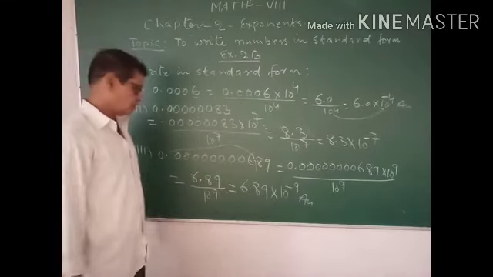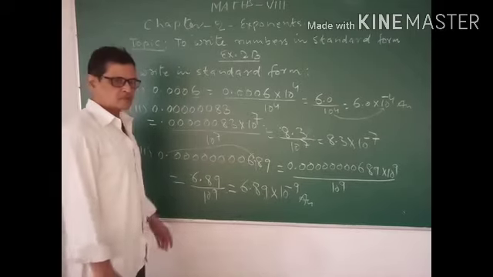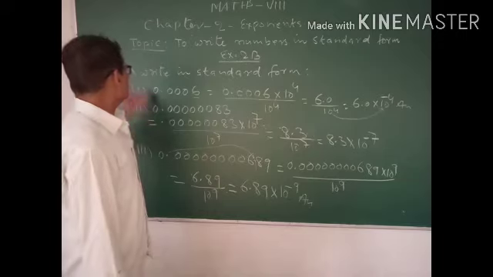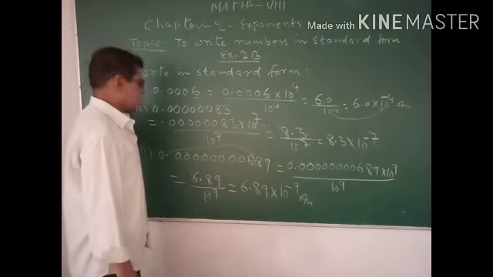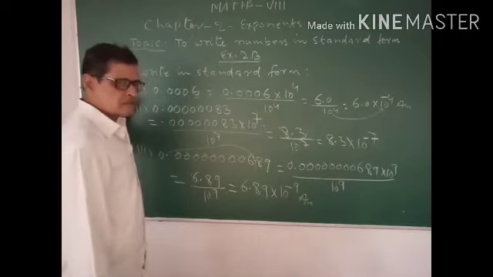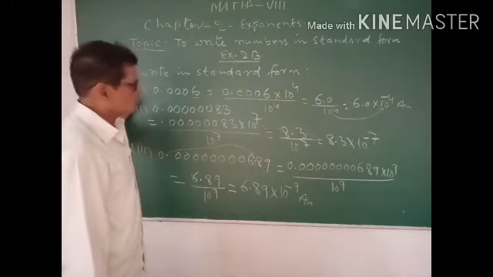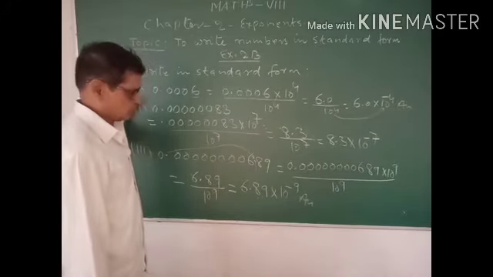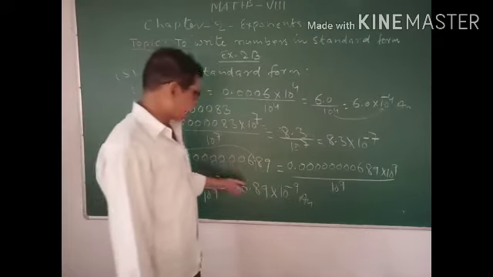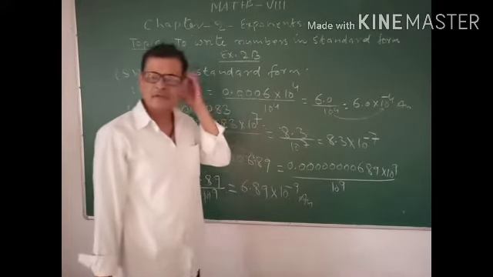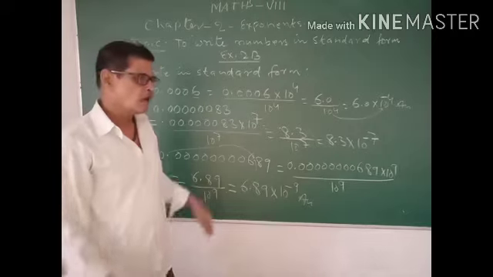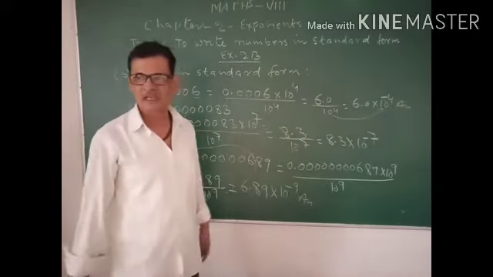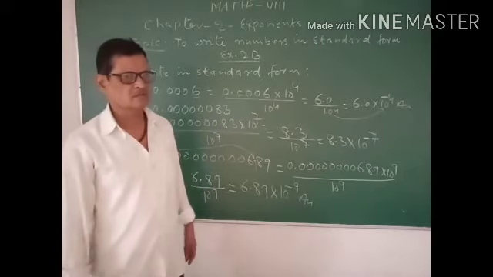So this is how you are observing that the standard form technology is applicable for larger and very small number also. अच्छा, by observing if a number is given, how can you say that the given number is smaller than 1 or greater than 1?